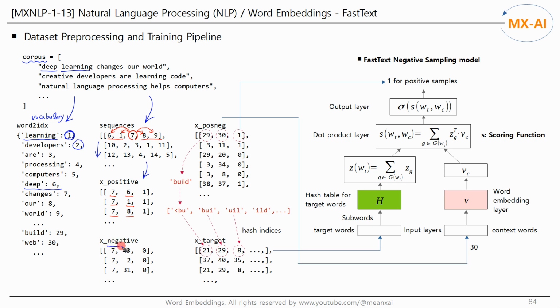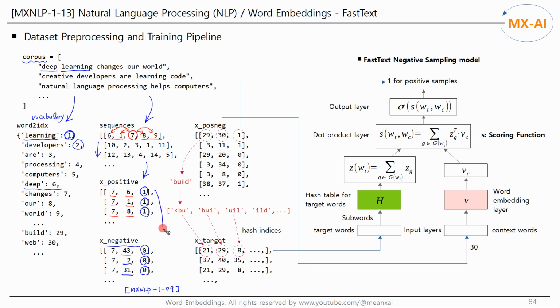The method for generating negative samples is exactly the same as in Word2Vec. Positive pairs are assigned the label 1, while negative pairs are assigned the label 0. Since the details of negative sampling were already covered in depth in the 9th video of this series, we will not repeat them here.